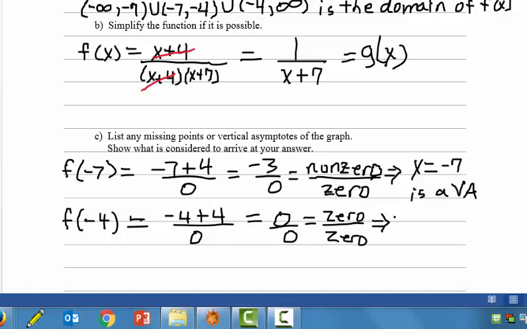So that means there's a missing point or a hole at x equals negative 4. To find the y value of the hole, we use the simplification of the function.